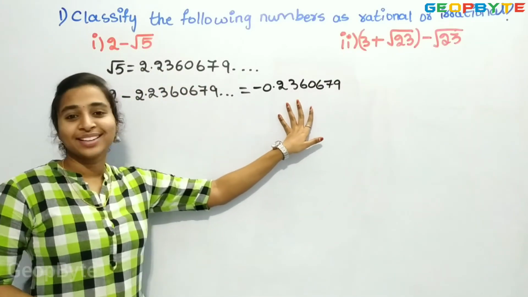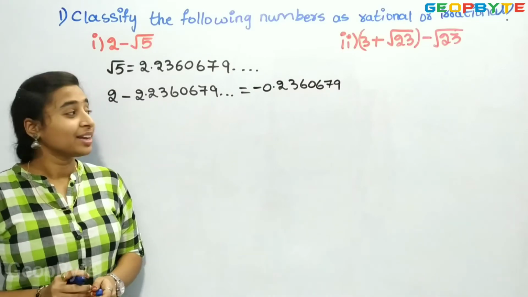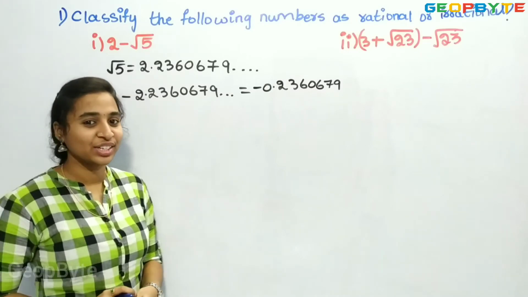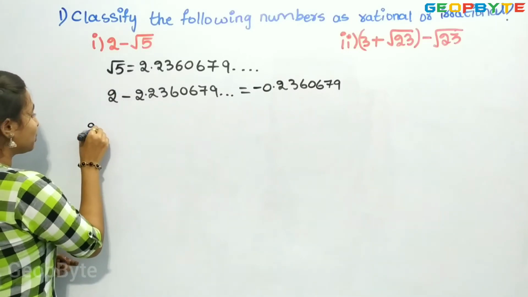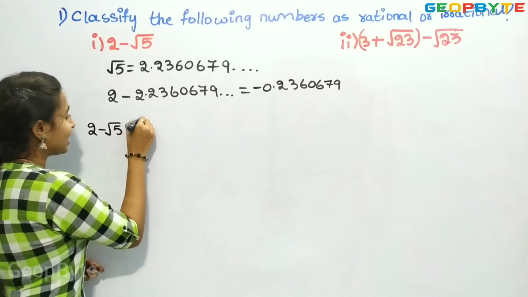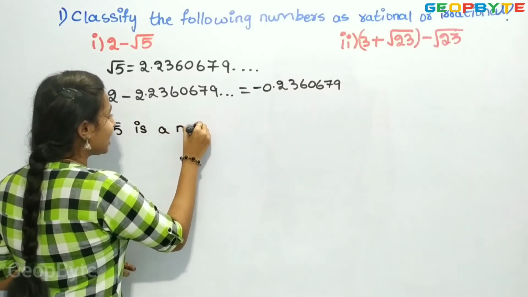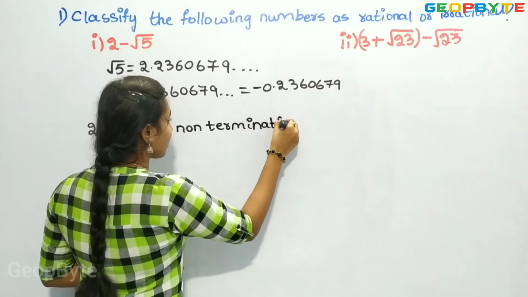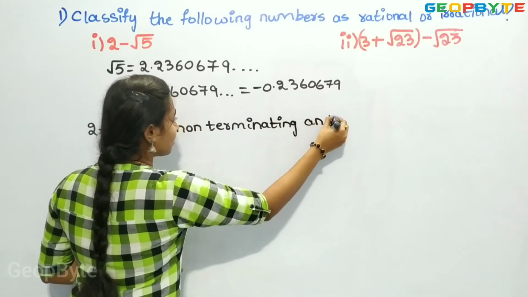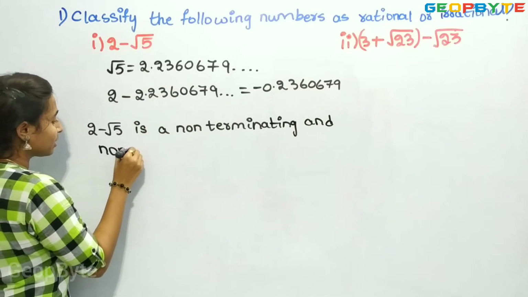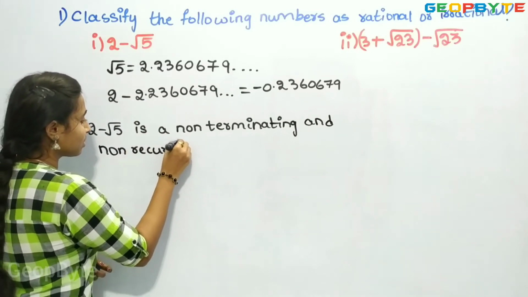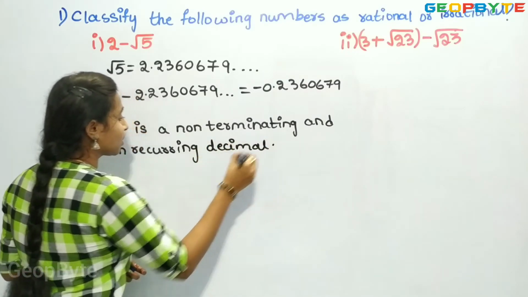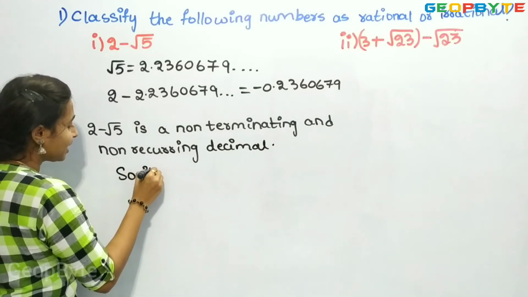By seeing the answer itself, we can say that it is a non-terminating and non-recurring decimal, which is an irrational number. Let us write: 2 minus root 5 is a non-terminating and non-recurring decimal. So, it is an irrational number.